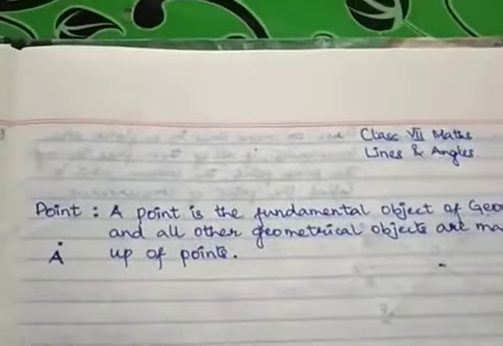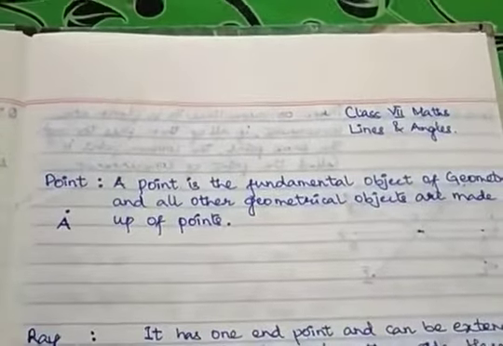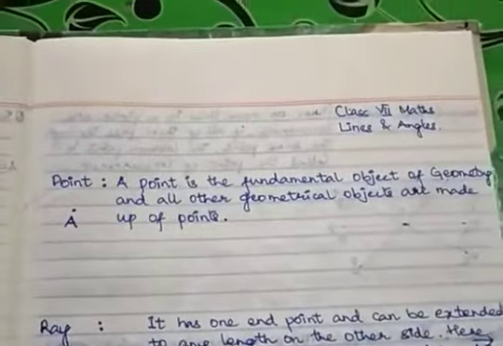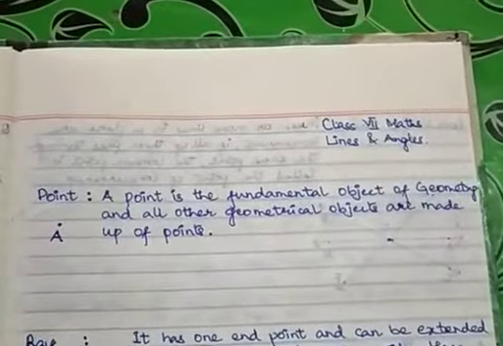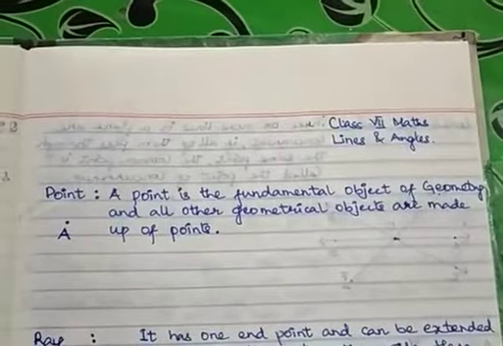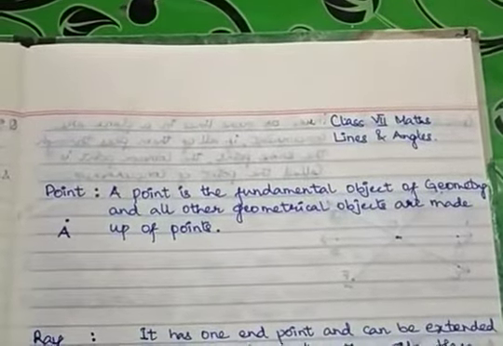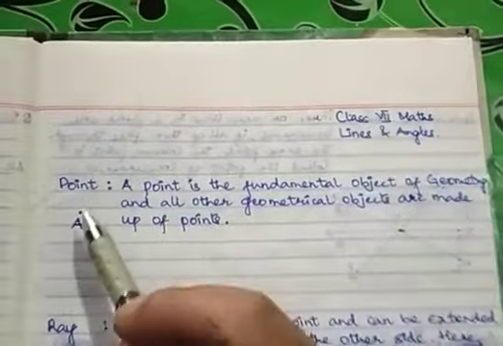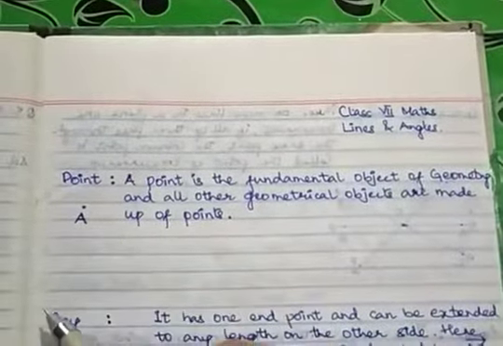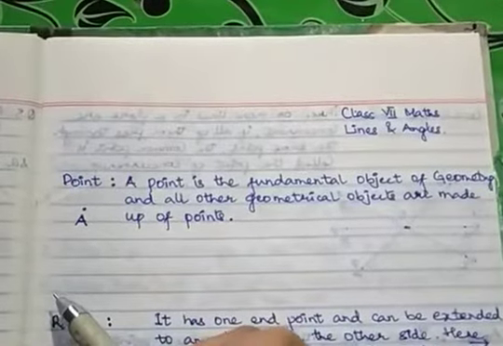The first topic for today is the point. As you can see here, I have written the definition of a point. A point is the fundamental object of geometry, and all other geometrical objects are made up of points. That is, a simple dot is known as a point.